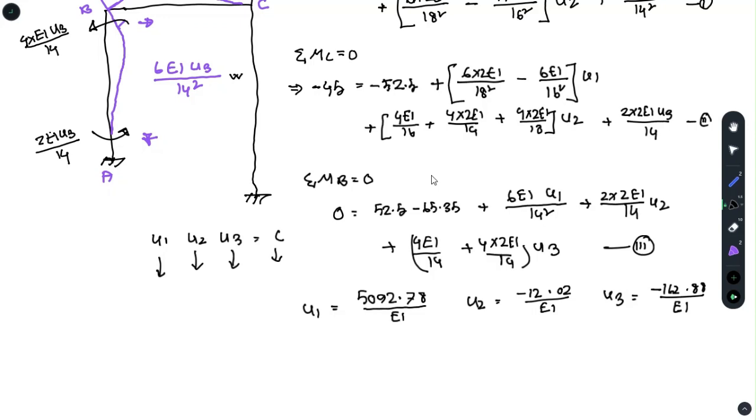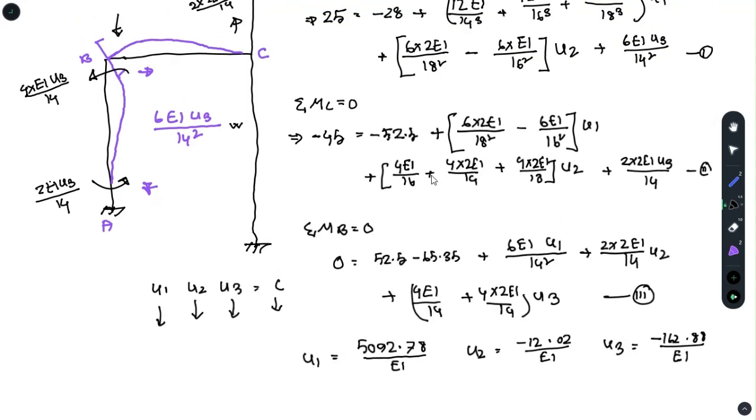So these are the Doki values we have got. If you want to find any moment, you can easily find it once you have the Doki values.